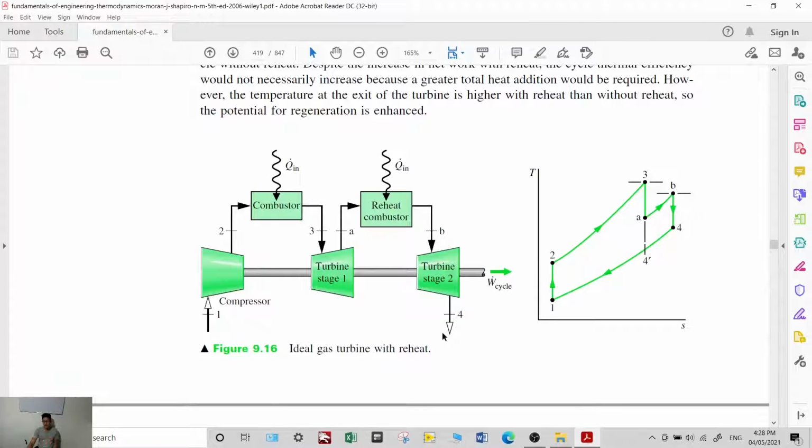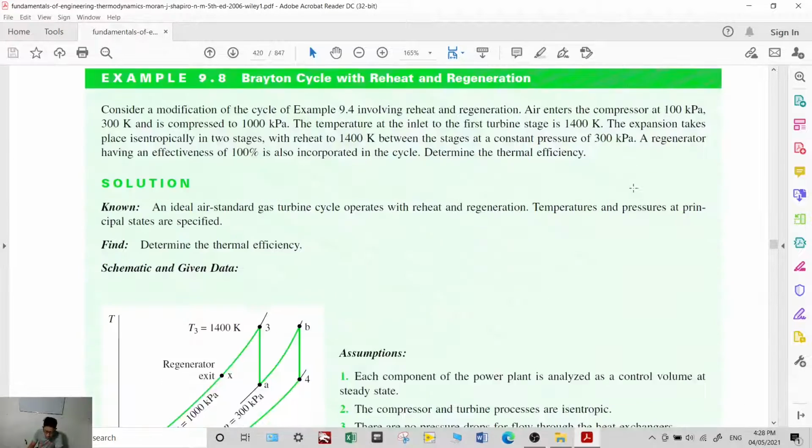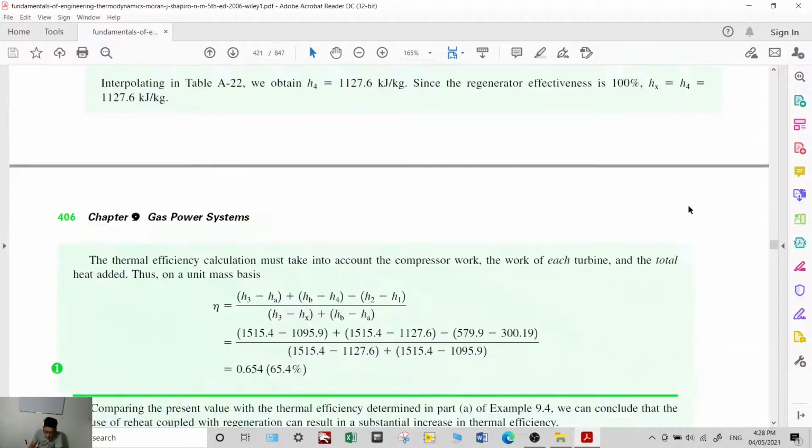So if there is regeneration, after state 4 you pass it through the regenerator, to lessen the fuel you need to supply in your combustor.